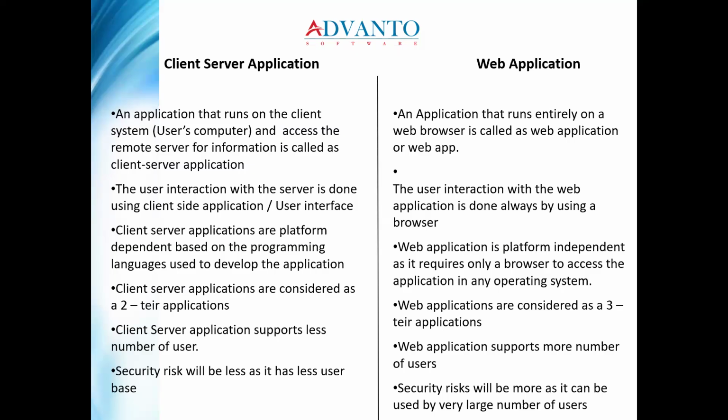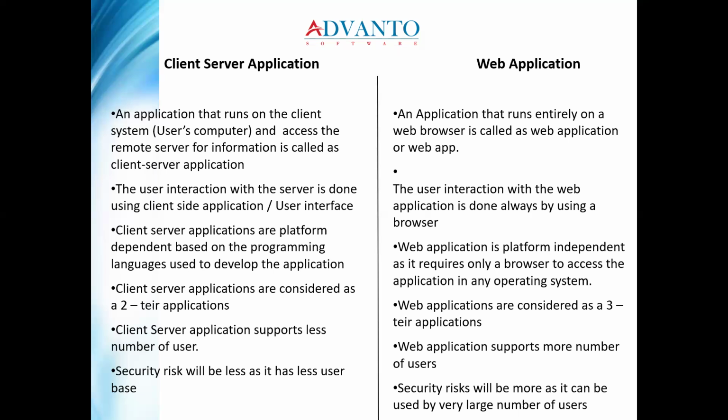The user interaction with the web application is always done by using a browser. Client-server applications are platform-dependent based on the programming languages used to develop the application. Web application is platform-independent as it requires only a browser to access the application in any operating system.